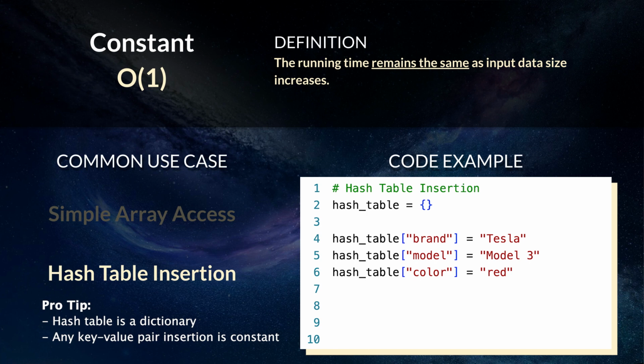That's because a hash function is used to decide where in memory to store the value for a given key. And this operation does not depend on the size of the hash table. Pretty straightforward, right? Now let's level up to a more complex time complexity, which binary search is based on.